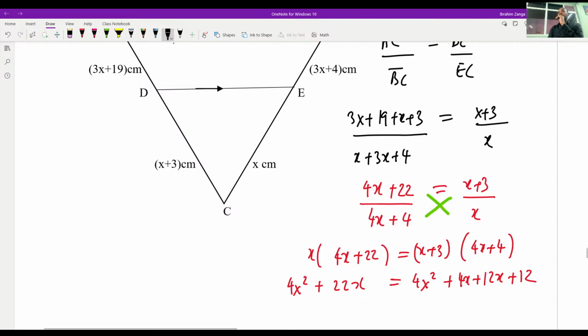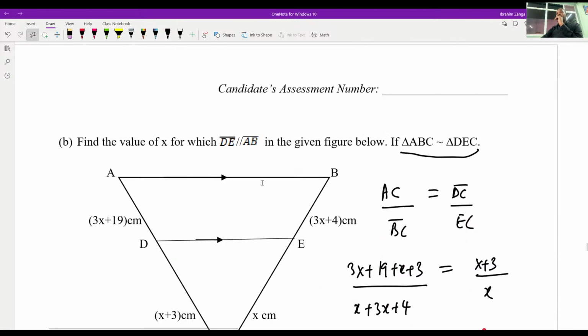So upon collecting like terms, 4x squared will cancel, so that you have now 22x minus 16x equals 12. Basically, we get 6x equals 12, and x will be 12 over 6, which is equal to 2, dear students.